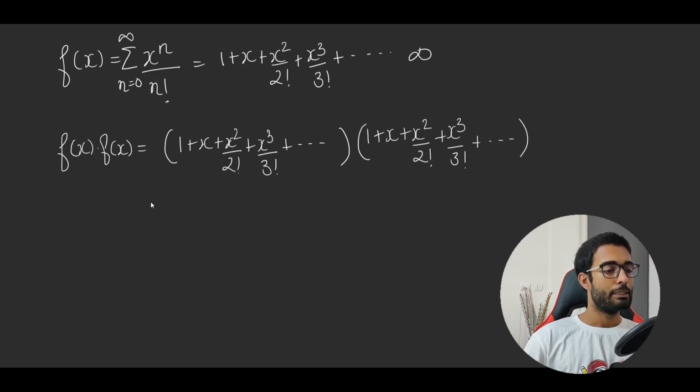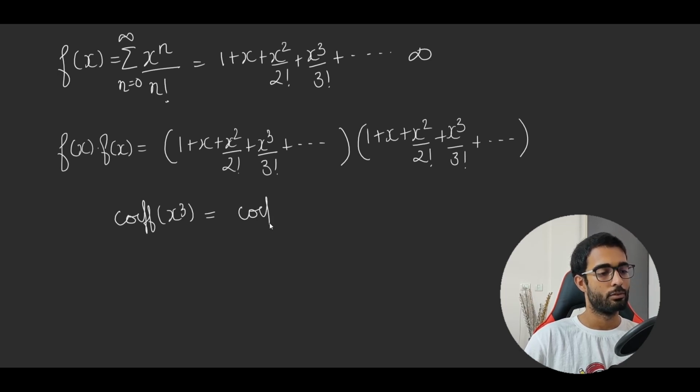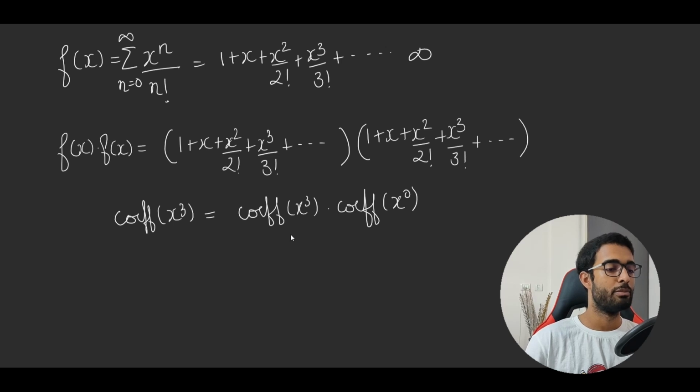Now when we multiply this, let's try to guess the coefficient of x cube, and it should be the coefficient of x cube into x to the power 0. Similarly, it should be the coefficient of x square into x to the power 1, x into x square, and x to the power 0 into x cube.